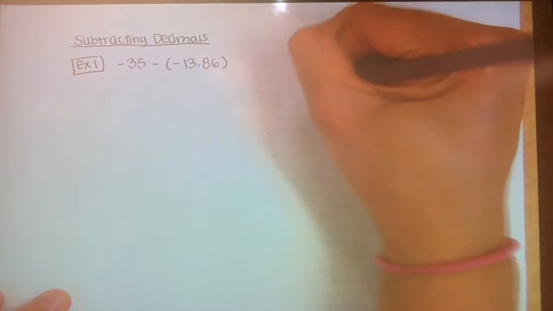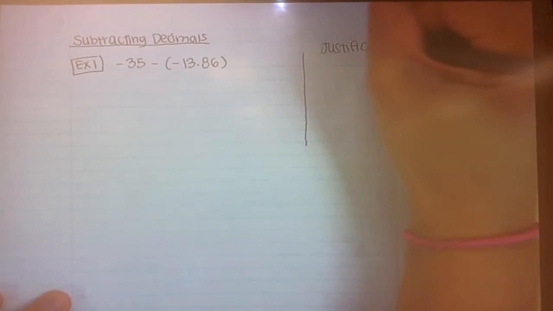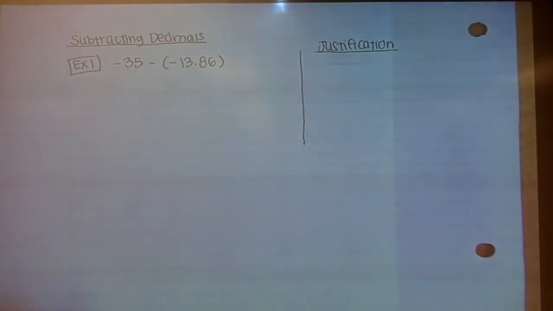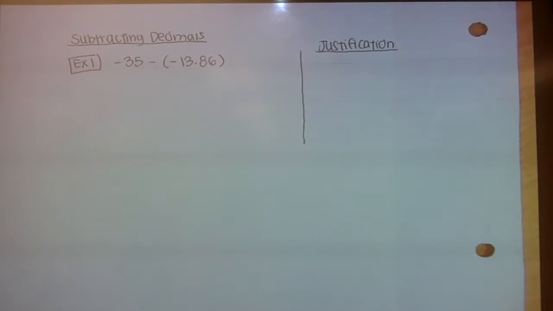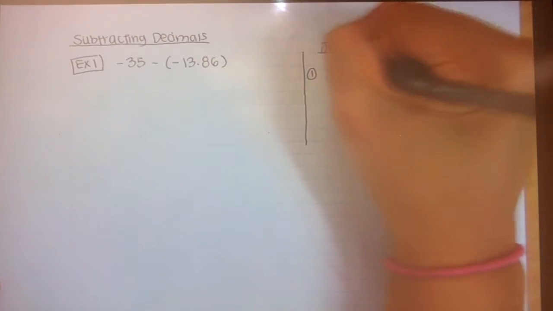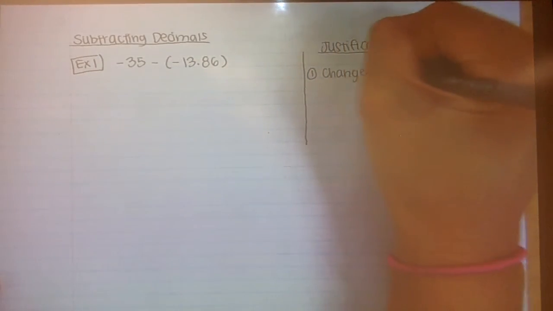So again, we need a justification column. So when we were doing subtracting integers, subtraction was difficult, so we wanted to change it to addition. So the first thing we do is we change to an addition problem.